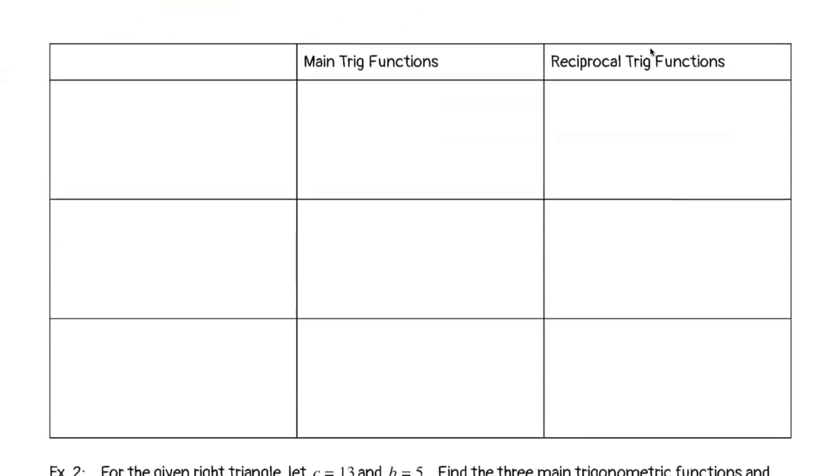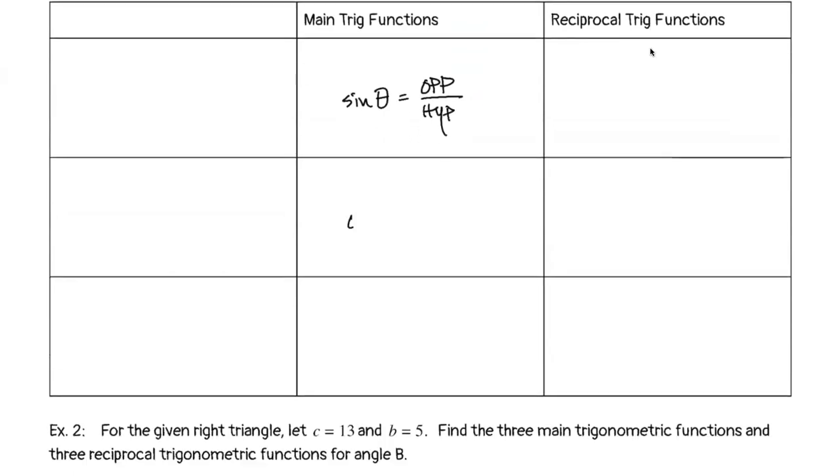And I want to do a very quick review of the 3 main trig functions that we just talked about, right? So we talked about sine theta equals opposite over hypotenuse, cosine theta being adjacent over hypotenuse, and tangent theta being opposite over adjacent.